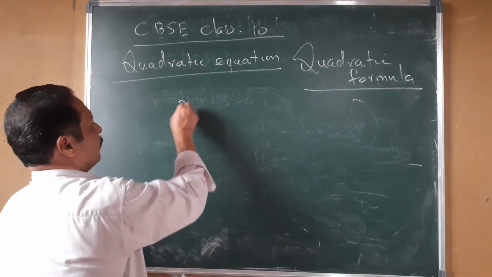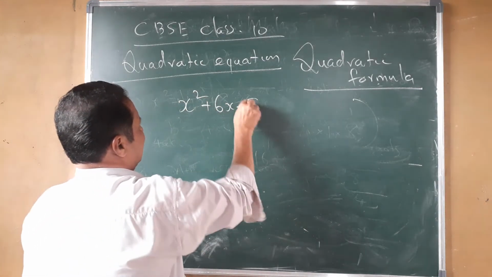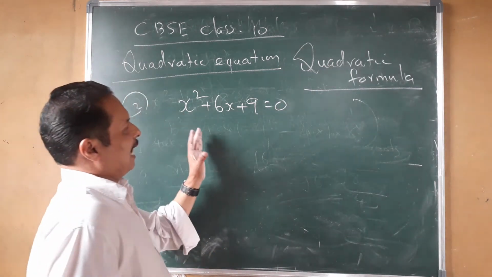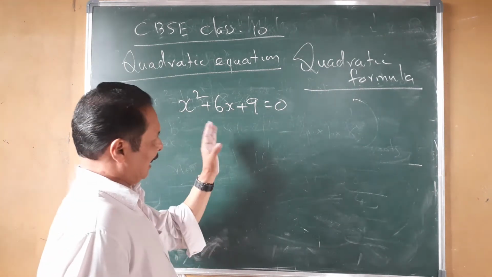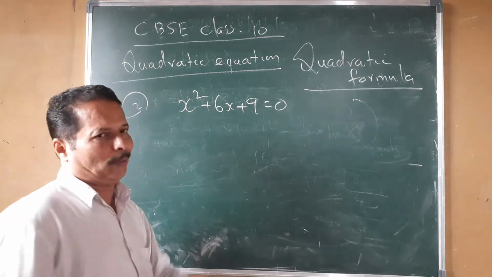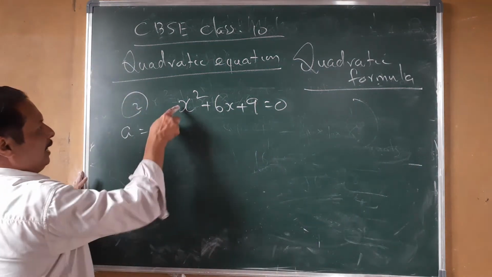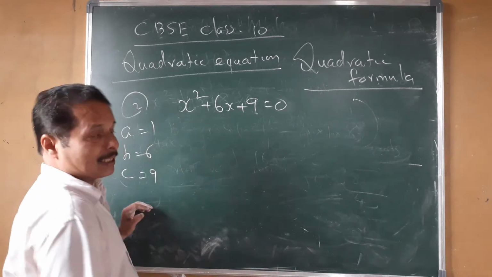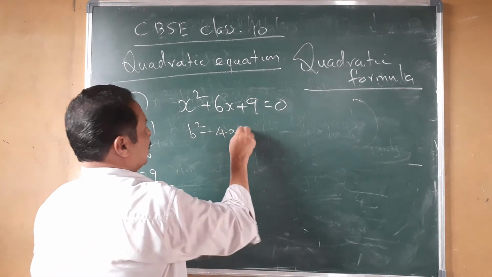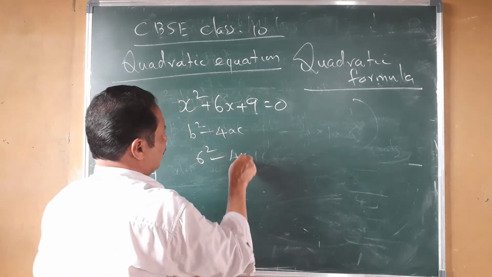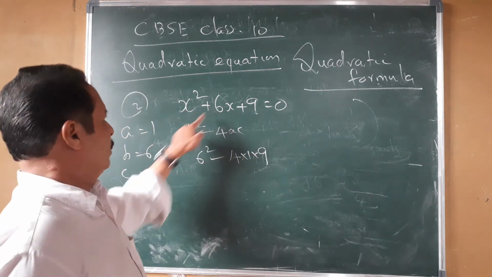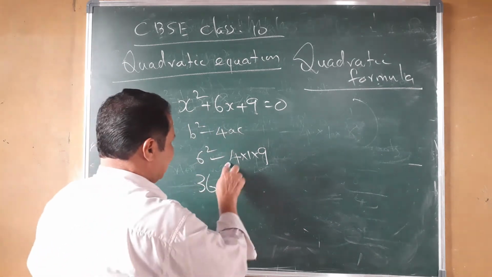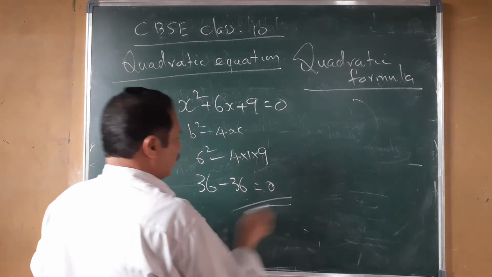One more. x square plus 6x plus 9 equal to 0. We want to write the characteristic of the roots, or the solutions, of this equation. Are you ready? a equal to 1, b equal to 6 and c equal to 9. b square minus 4ac is 6 square minus 4 into 1 into 9, that is 36 minus 36 equal to 0.